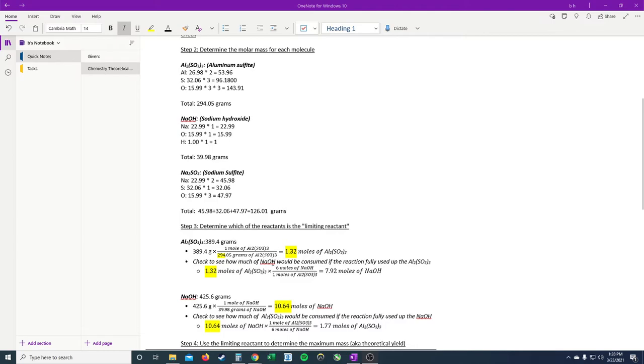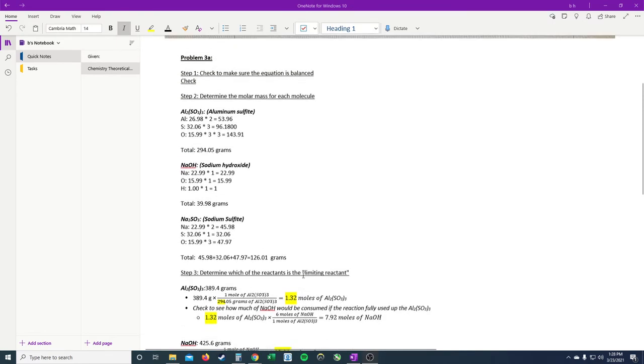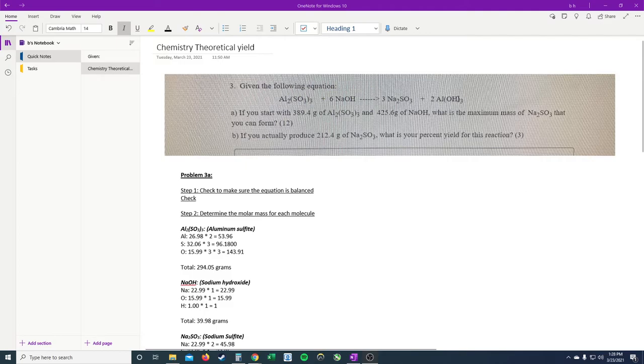Then you want to check how much of the sodium hydroxide would be consumed if the reaction fully used up the aluminum sulfite. So in order to do that, you need the ratio of sodium hydroxide to aluminum sulfite. And that's just given from this balanced equation.